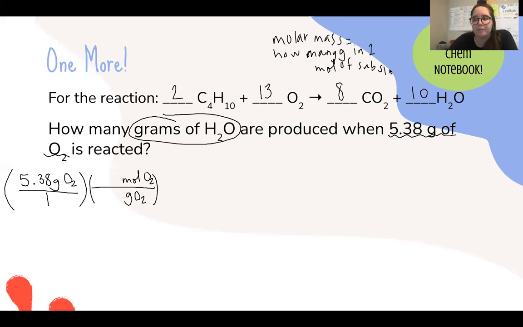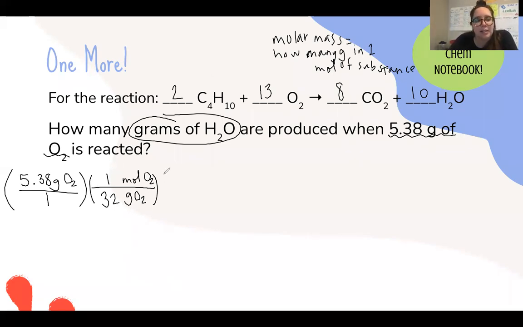I do this by the periodic table. My mass of oxygen, 1 oxygen is 16. So I do 16 times 2. I get 32 grams of O2 is my molar mass. And that's how many grams I have in 1 mole of O2.